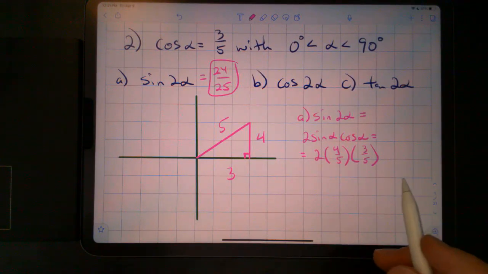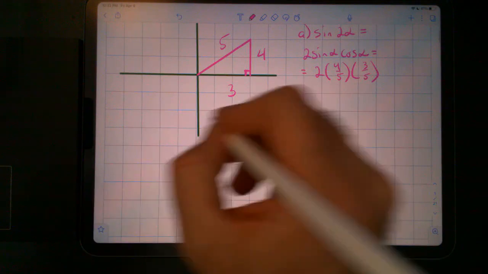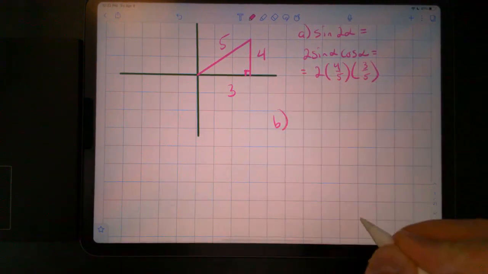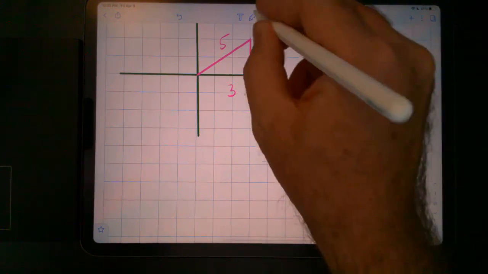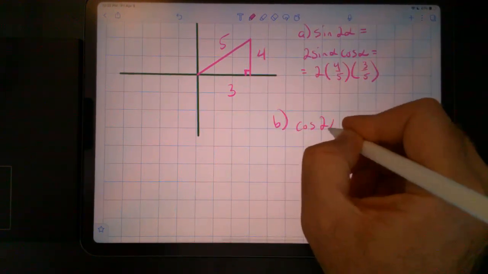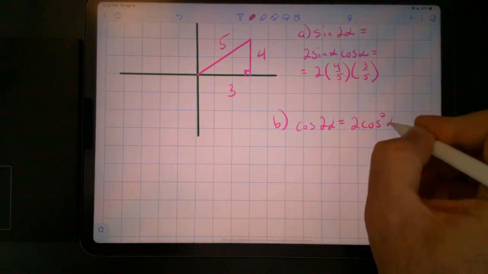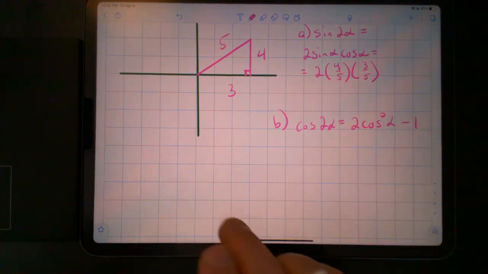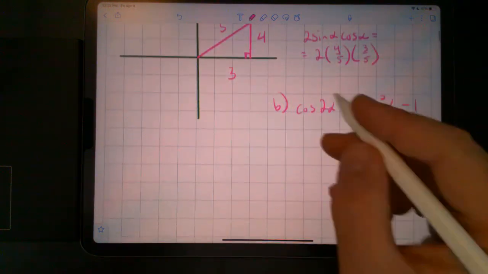Cosine 2 alpha, I can use either of the 3 cosine formulas. So for cosine 2 alpha, why not use 2 cosine squared alpha minus 1, because they already gave us cosine alpha is 3/5.